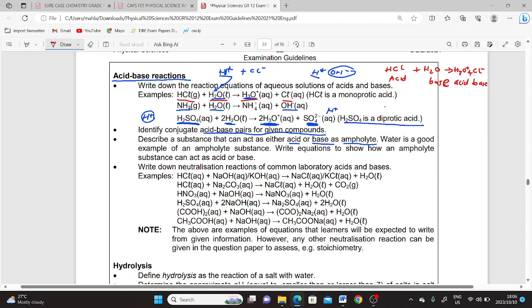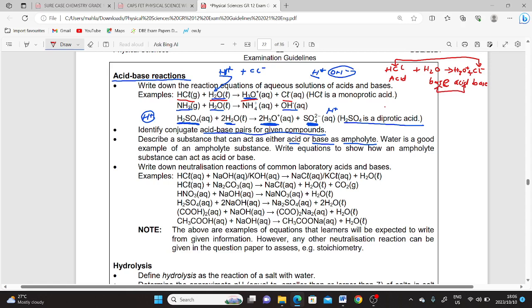So when I say a conjugate acid-base pair, HCl is an acid, but the conjugate base here is Cl minus. So this is an acid-base pair. The other one is H2O, a base, which then goes back to an acid after gaining the hydrogen. So that is the pair.